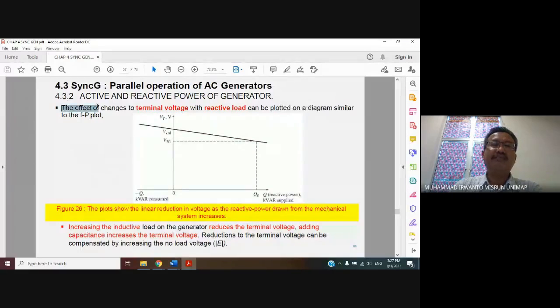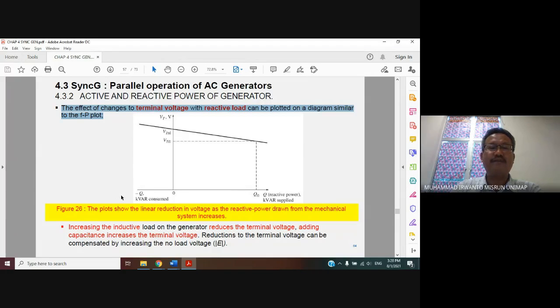The impact of the change in terminal voltage with reactive load can be plotted on a diagram similar to the FP plot. Before, the vertical was frequency and the horizontal was real power. But for the terminal voltage that relates to the reactive power, the vertical is terminal voltage and the horizontal axis is reactive power.